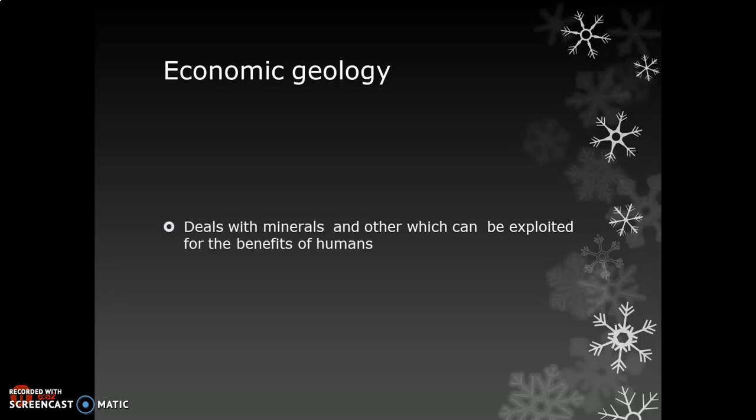It deals with minerals and other resources which can be exploited for the benefit of humans. That is, we exploit petroleum products, coal, and ores of metals from the earth's surface. And this branch deals with how we can exploit those minerals economically.